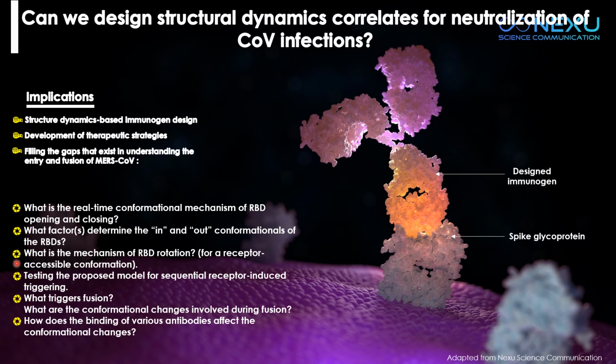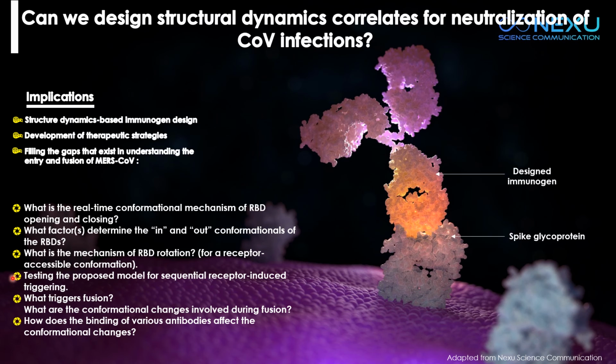The third question is, what is the mechanism of RBD rotation for a receptor accessible conformation? The fourth objective will be to test the proposed model for sequential receptor induced triggering.